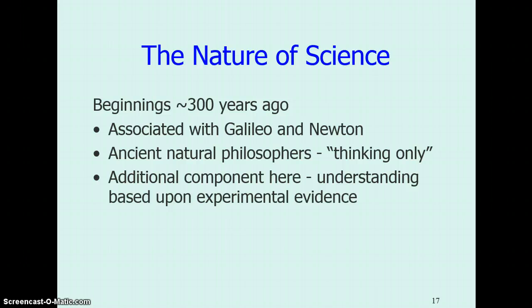And what we want to do is contrast this with the ancient natural philosophers, which you would nowadays call scientists, but back during the time of the Greeks, when we talk about natural philosophers, the thing about them is, as we look at the scientific method, I'll mention this. They basically used the human brain and didn't.